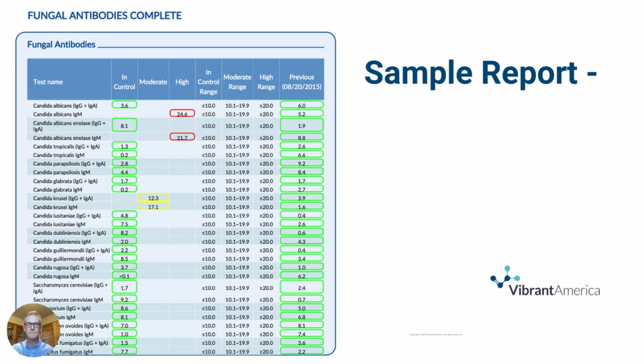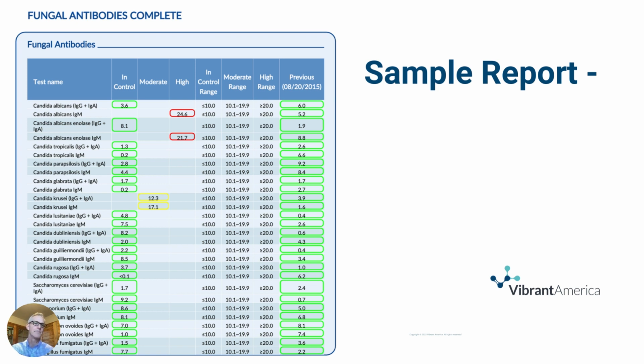And of course, we're reporting either in control, which is typically under 10. Moderates are 10.1 up to 20, and those are reported in yellow. And then reds are going to be anything higher than 20.1. So again, this is kind of functional medicine speak, and you'll hear us talk about this on other antibody tests that we run.